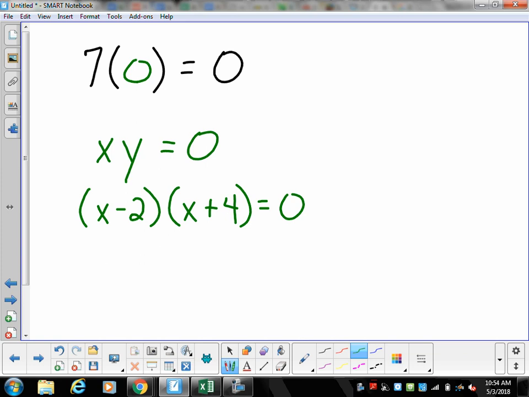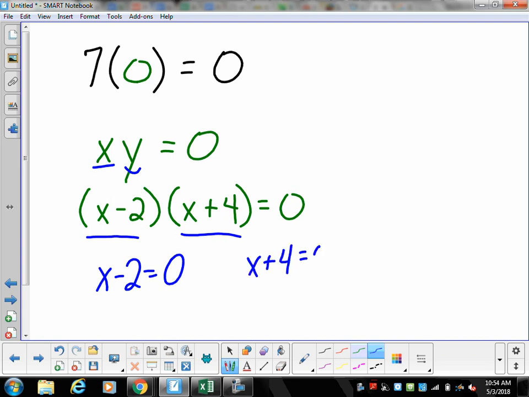But it's still 2 factors, correct? 1 factor, 2 factors. And what y'all just told me, what we talked about was, if this is a true statement, then either x equals 0 or y equals 0. So if this is a true statement, then either x minus 2 has to equal 0, or x plus 4 has to equal 0.